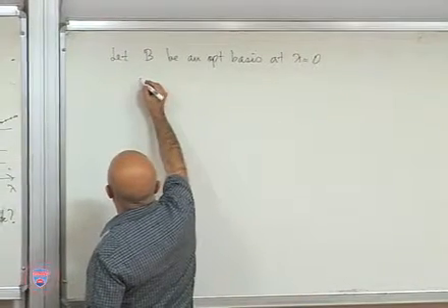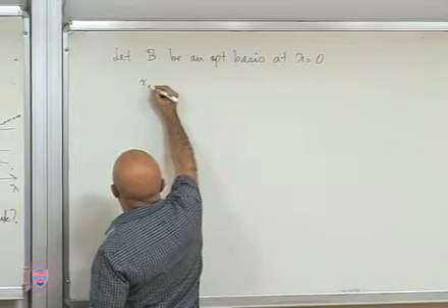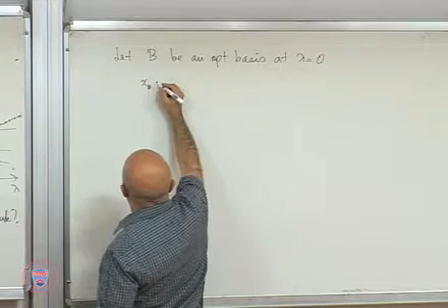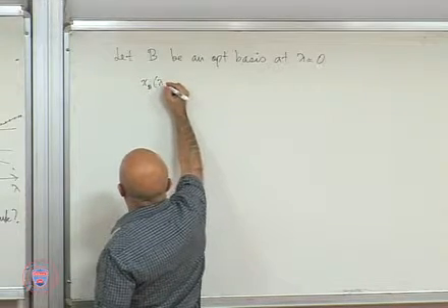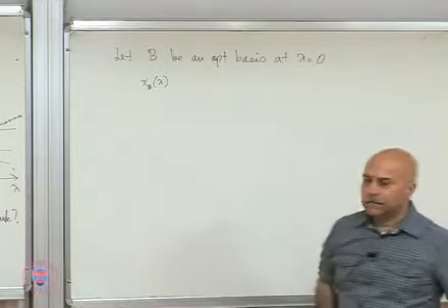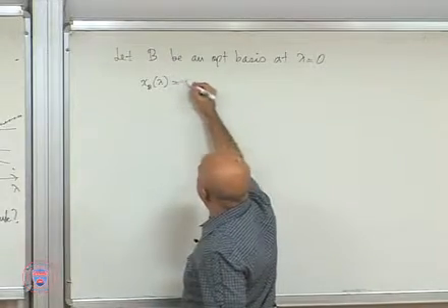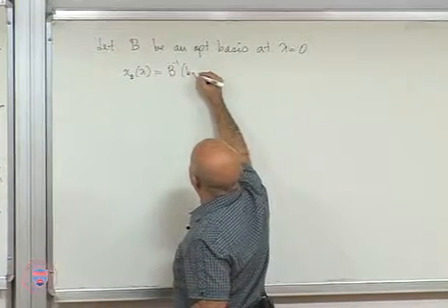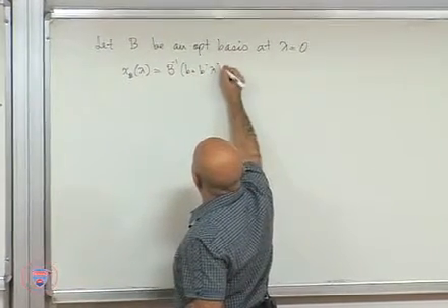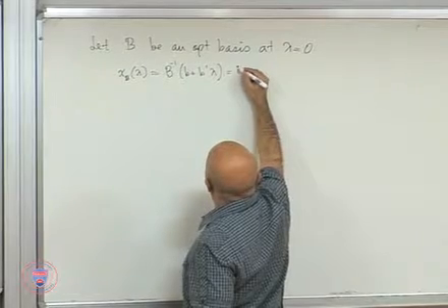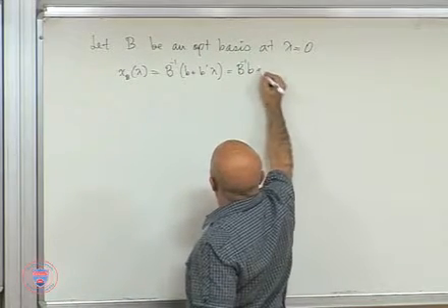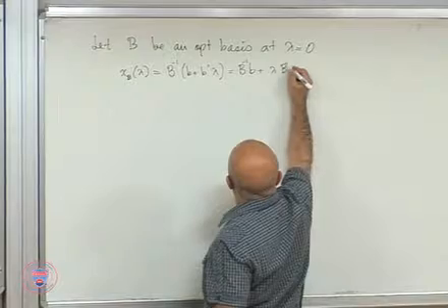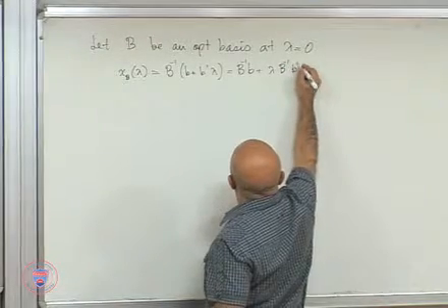And the current solution is, of course, x_B. And if I take it as a function of lambda, it will be B inverse times (b plus b prime lambda), which gives you B inverse b plus lambda B inverse b prime.